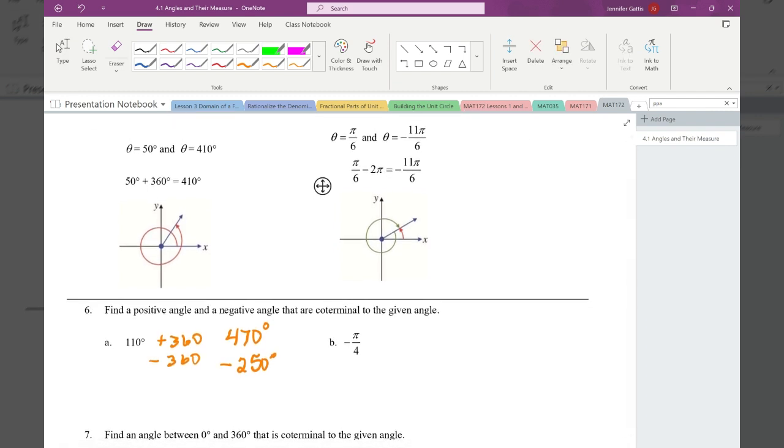Now, for the negative pi over 4, we are going to add 2 pi, and we are also going to subtract 2 pi. Now, if you recall, for adding and subtracting fractions, we need a like denominator. So this 2 pi would be the same as 8 pi over 4.